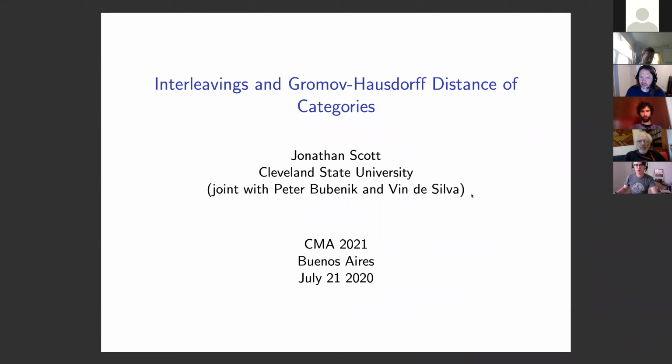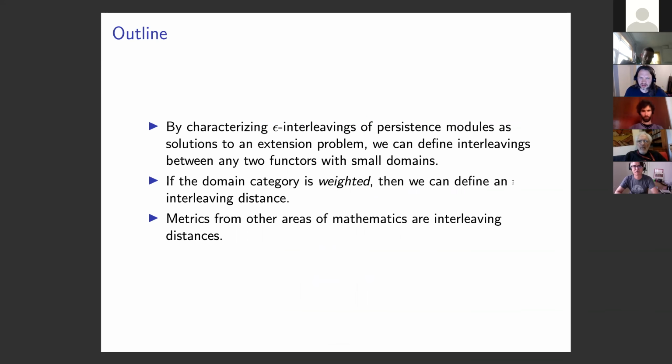It's really one of the reasons why, with Peter Bubenik and Vin de Silva, we started thinking about category theory in topological data analysis. In particular, the objects we're interested in are persistence modules, which are a distillation of parameterized topological data.